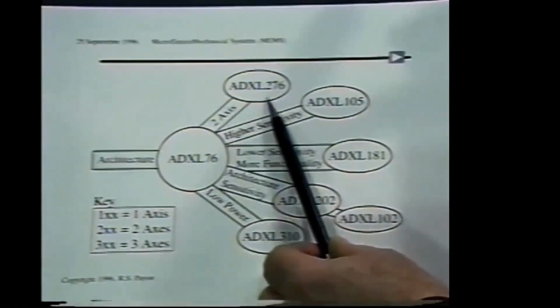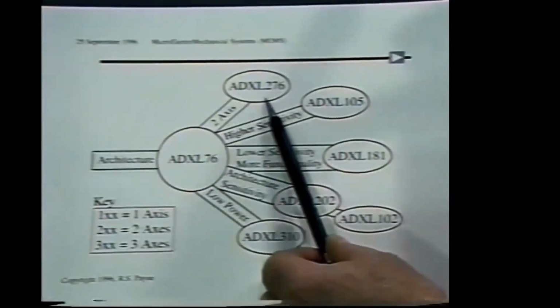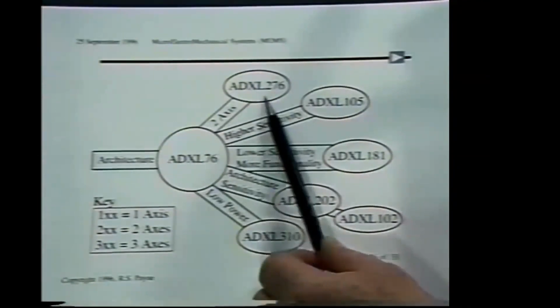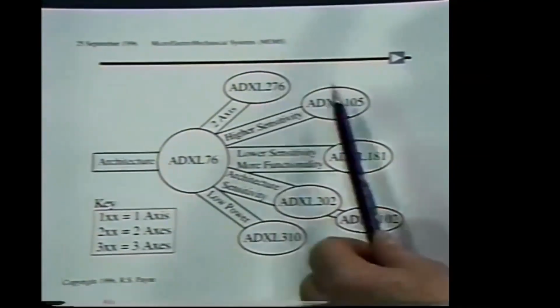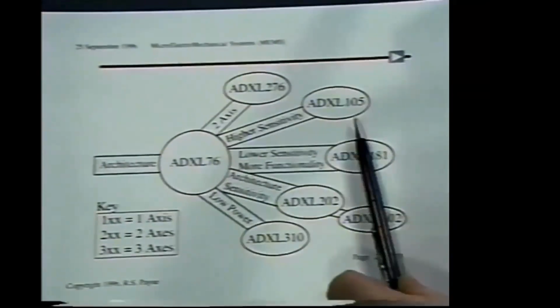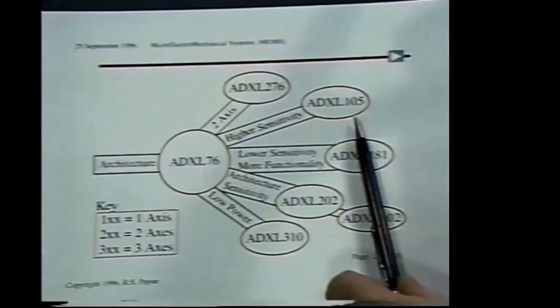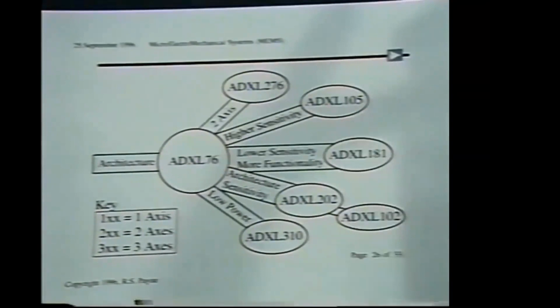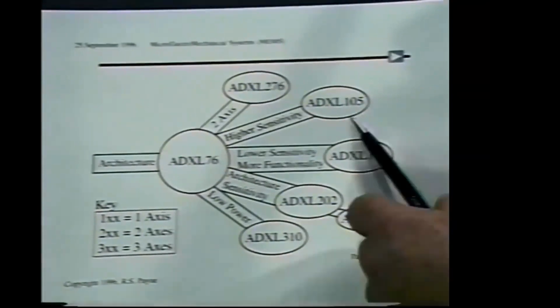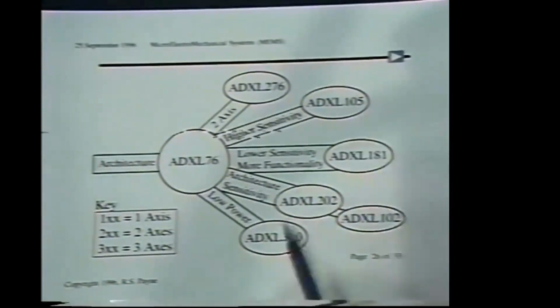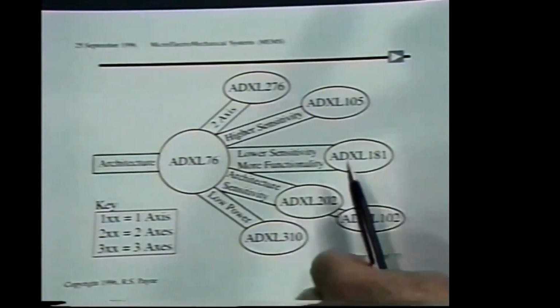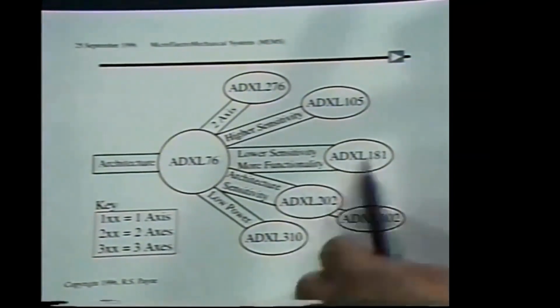It ends up being smaller than the original XL50 and offering 2 axes for crash resolution, the direction of the crash. The 105 has another factor of 3 of more sensitivity range and better specifications. The 181 is a bomb fuse with integration of distance and velocity as well, 2 integrals done electronically on the chip.